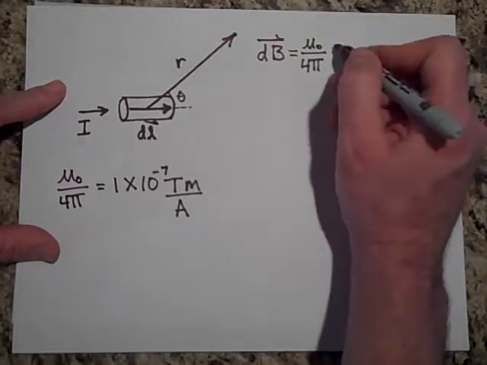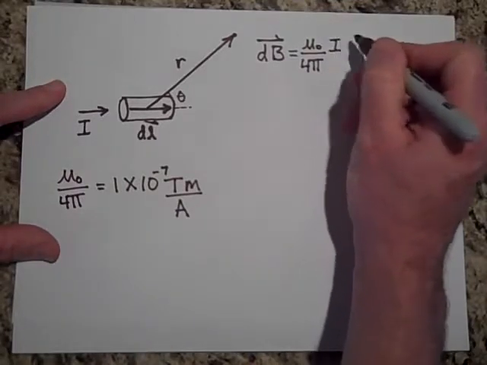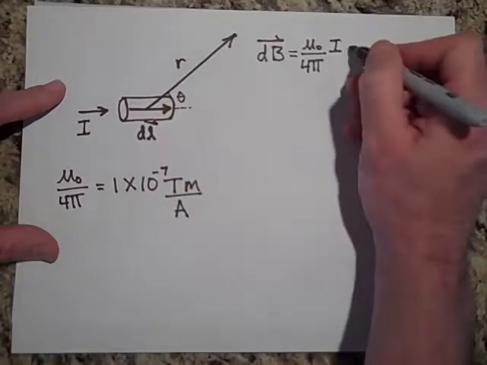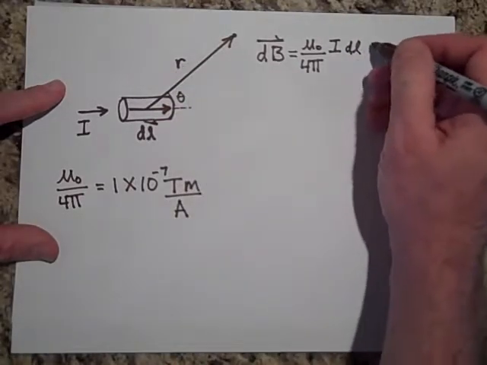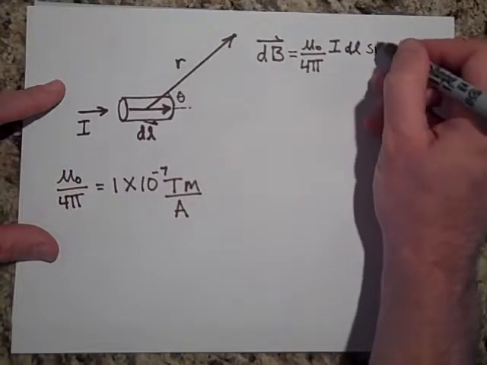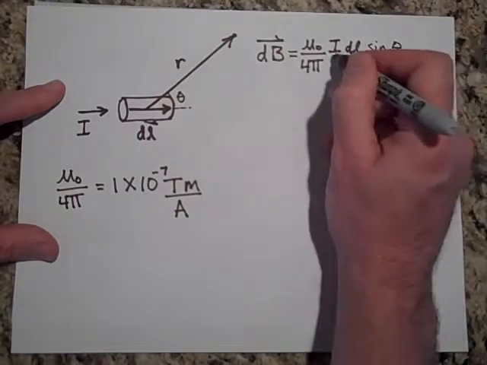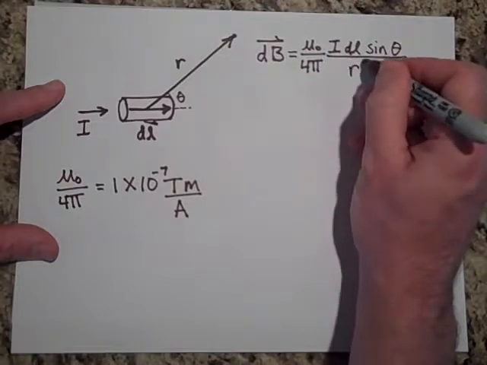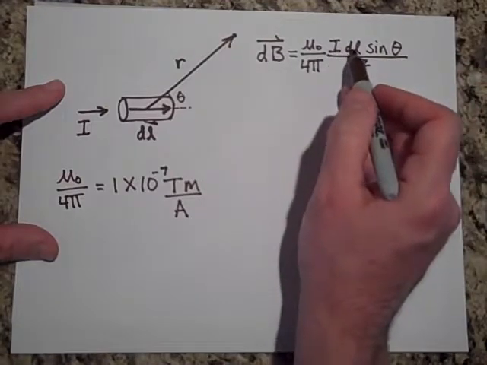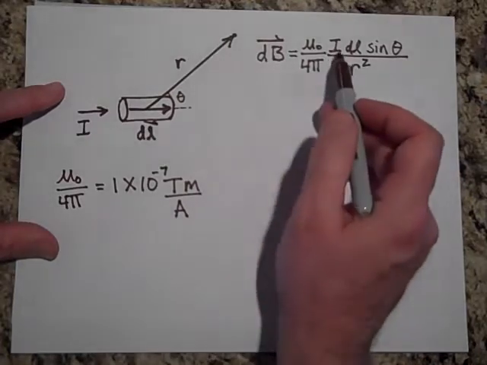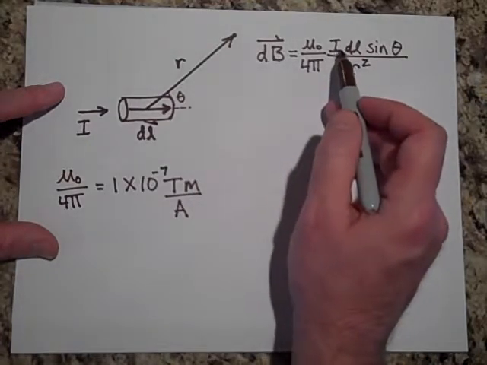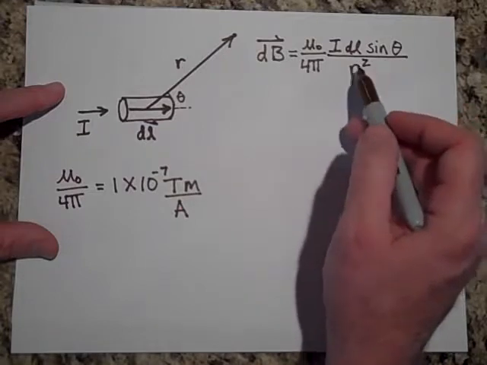Okay, so this is mu naught over 4 pi, and then times I times dl cross r, or we can say I dl sine of theta all over r squared. So this looks a lot like qv sine of theta over r squared, except we're going to have the I times dl times the sine of theta over r squared.